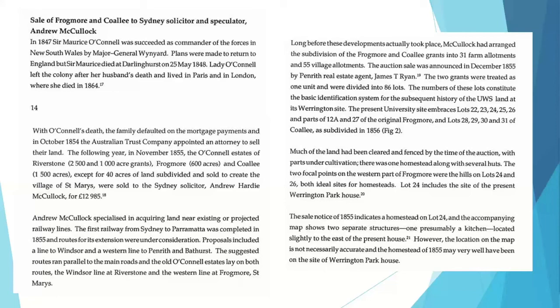So in December 1855, he subdivides Frogmore and Collee into 31 farm allotments and 55 village allotments. And the University of Western Sydney's Werrington site is on there, and so is our site as well.